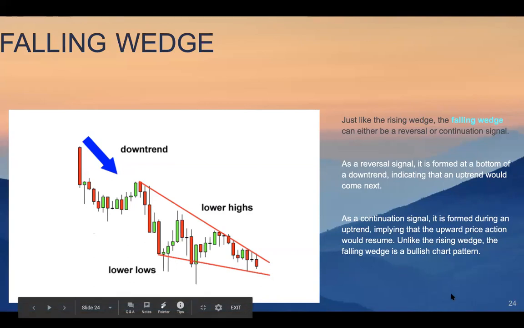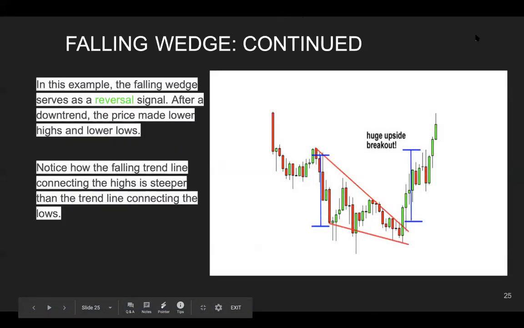Unlike the rising wedge, the falling wedge is a bullish chart pattern. In this example, the falling wedge serves as a reversal signal, right? The distance between the top of the pattern and the bottom of the pattern is what it can potentially break out of, in terms of movement. Notice how the falling trend line connecting the highs is steeper than the trend line connecting the lows.